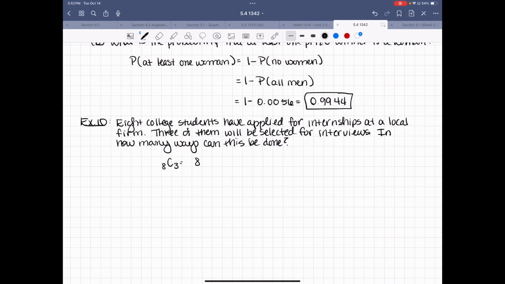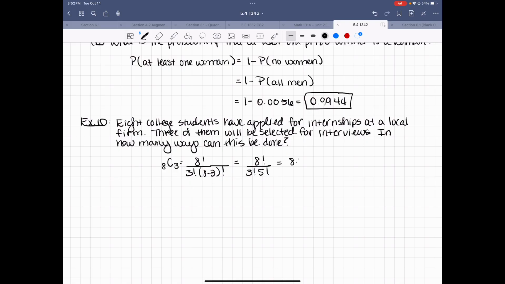So I've got 8 factorial over 3 factorial times 8 minus 3 factorial. So I've got 8 factorial over 3 factorial times 5 factorial. Those 5 factorials are going to cancel.